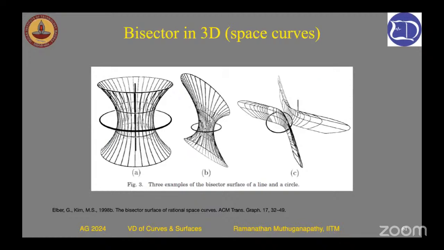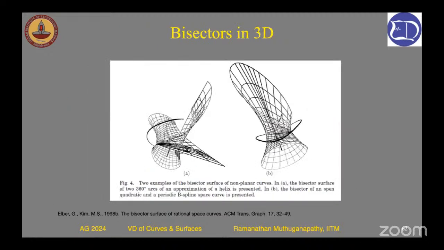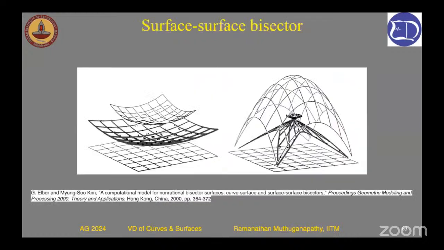Given two space curves, this is the bisector. You can see there is a circle and a line. These are two space curves, and you can see the bisector surface, and these are variants of that. I'll probably show some demo, and that will help in understanding better. You can see that the bisector surface is increasing in complexity. In the general two-surfaces case, you have to trace it numerically.